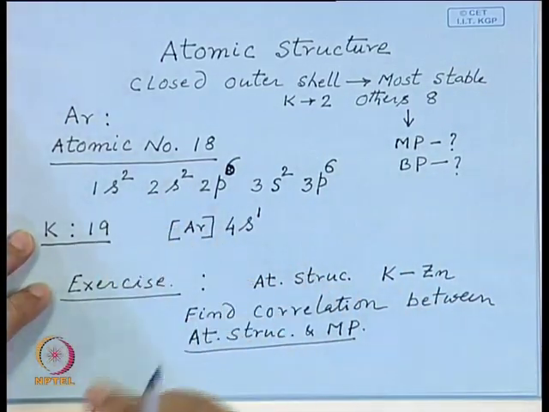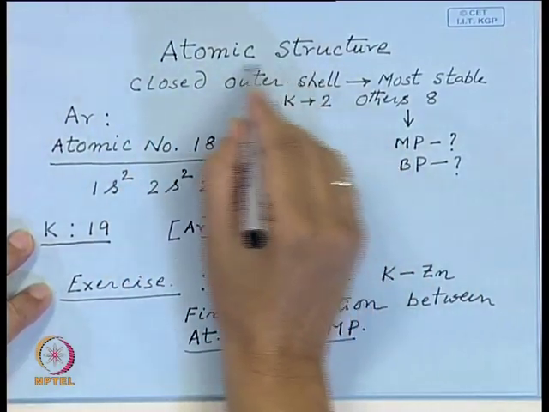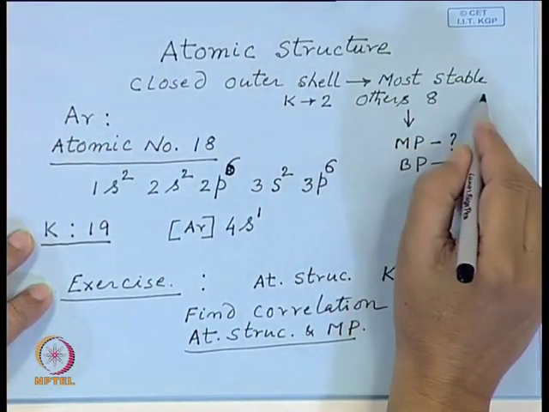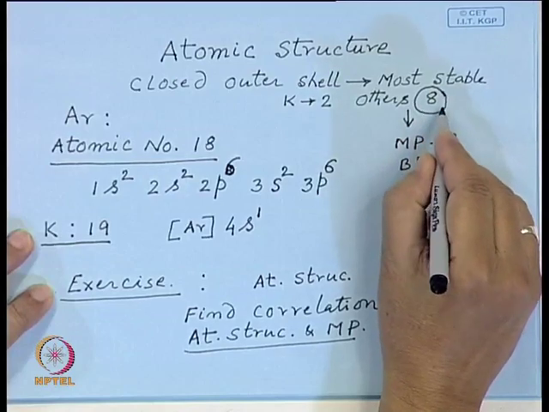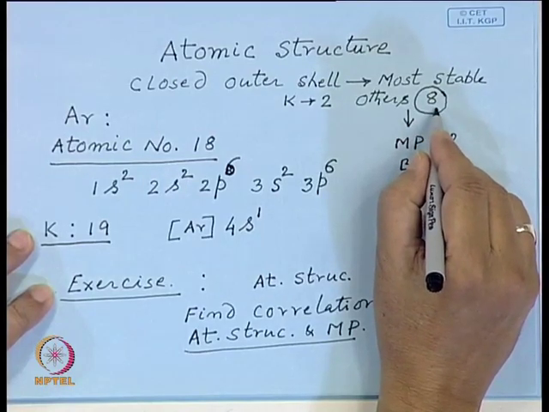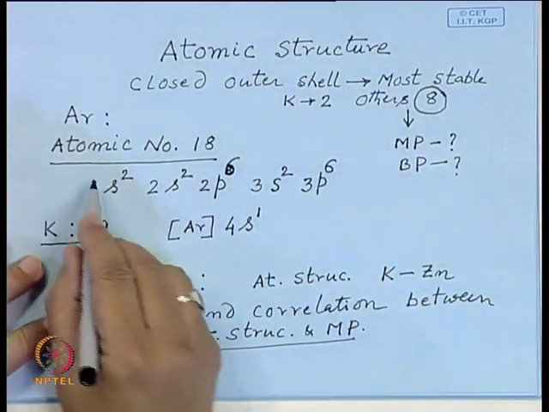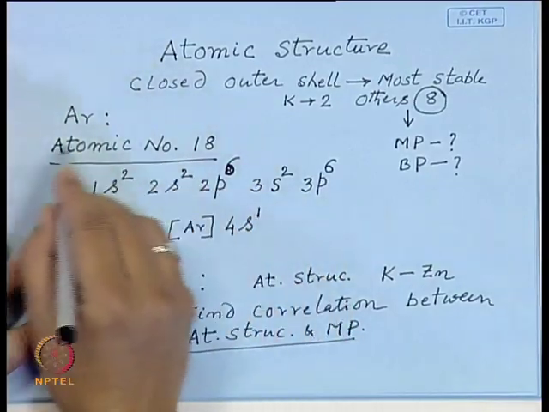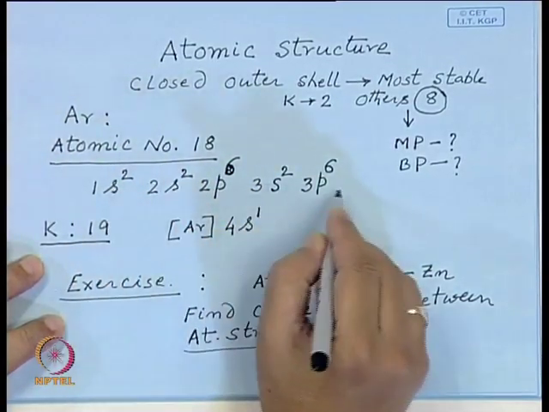Say this is what I just explained a little before, that closed outer cell is most stable, and closed outer cell in most cases will be 8 electrons in the outer cell except for K. And we explained how to arrange the electrons in different subcells.